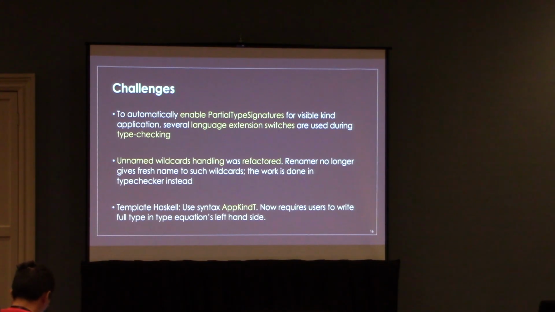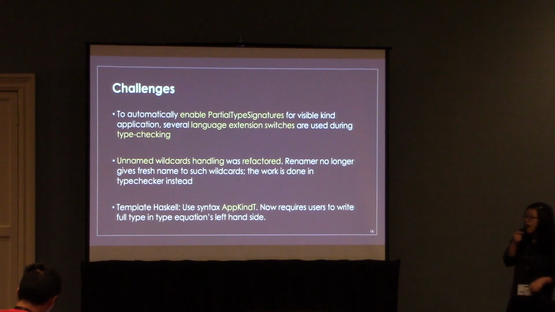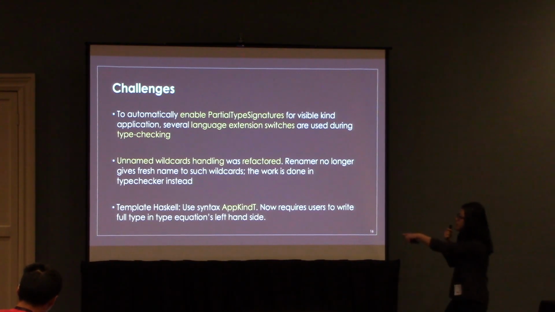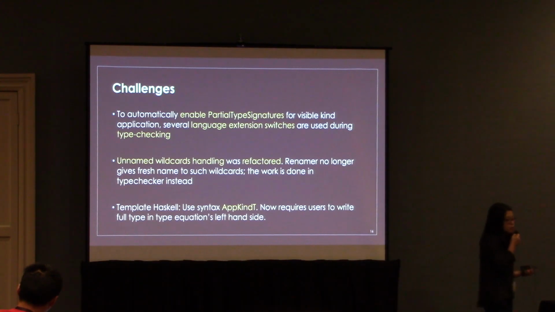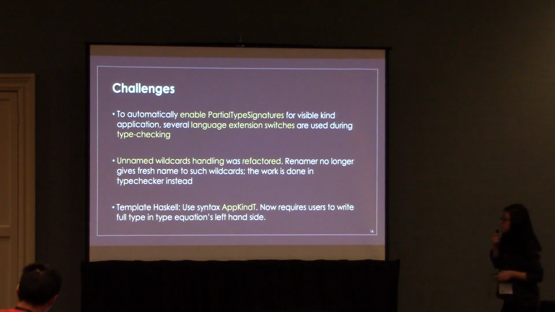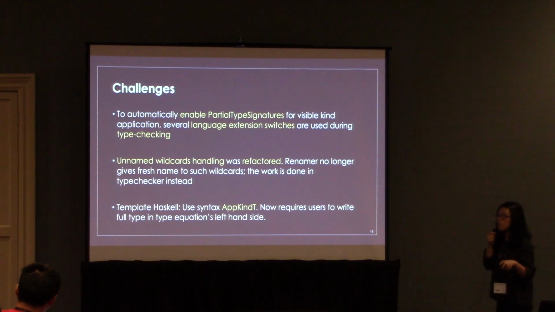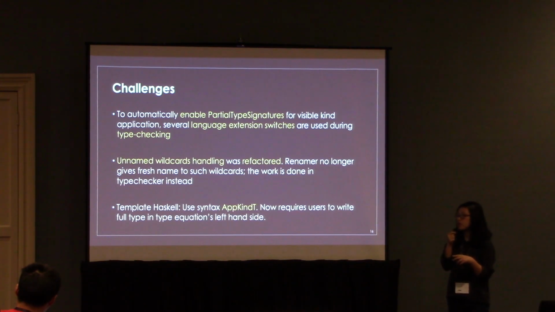And I also implemented the work in Template Haskell. So now if you want to use visible kind application in Template Haskell, you can use the syntax AppKindT, just like how you use AppT normally in Template Haskell. But in order to do this, it requires that the user write the full type in type equations' left-hand side.